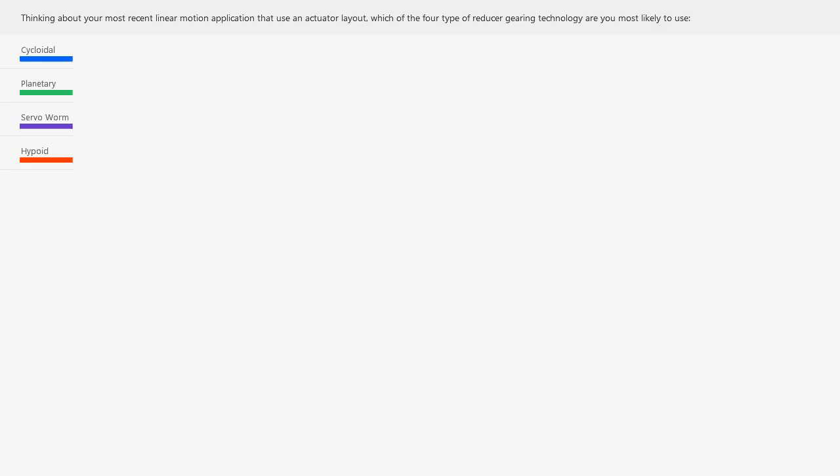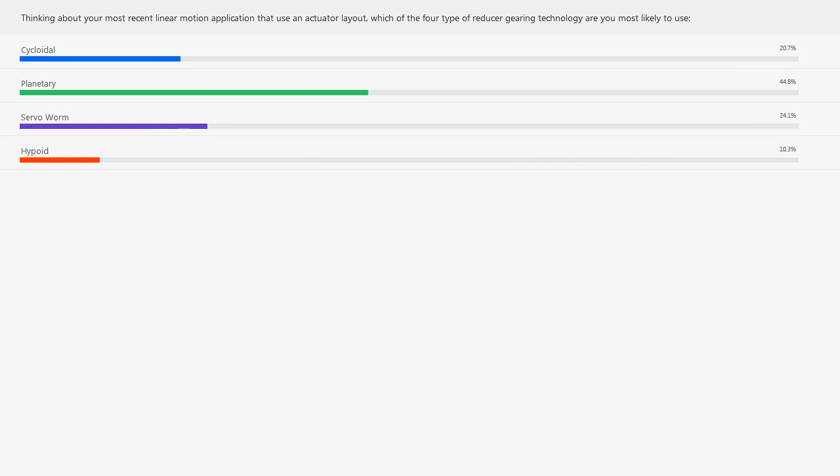The second polling question: when thinking about the most recent linear motion application that you used in an actuator layout, of the 4 types of reducers, which technology are you most likely to use?